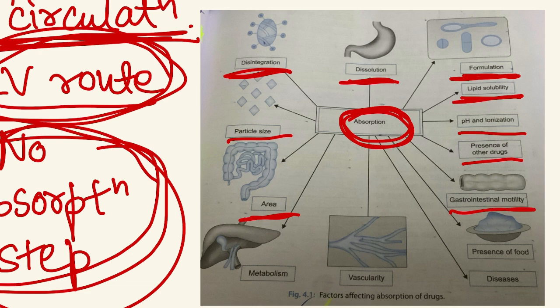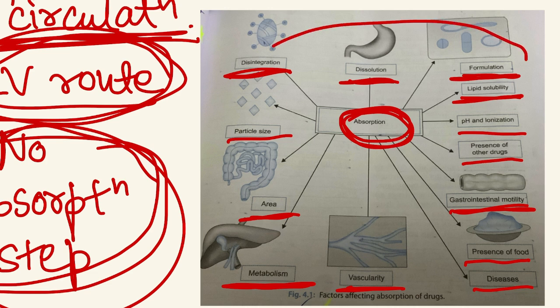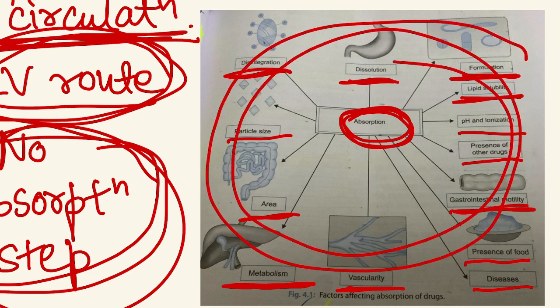Then gastrointestinal motility, then presence of food, then diseases which are affecting the gastrointestinal tract in case the drug is being taken by the oral route or by the enteral route, then vascularity of the absorbing surface, and suppose the drug is getting metabolized even before it is getting absorbed, that is first pass metabolism, in that case also it is going to affect the absorption of the drugs. So these are the different parameters which are going to affect the absorption of the drugs. Now let us discuss all these parameters individually.